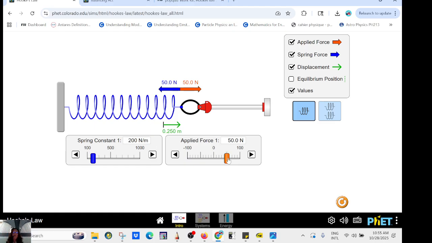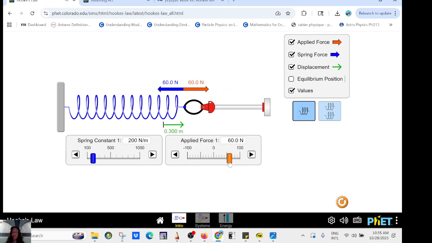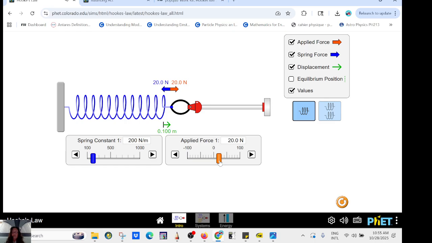If I multiply the applied force by 2, okay, restoring force is multiplied by 2, and the stretch is multiplied by 2. Is that clear? Okay, if I divide by 4, so now it's 25 here, 25 here, I have 12.5.